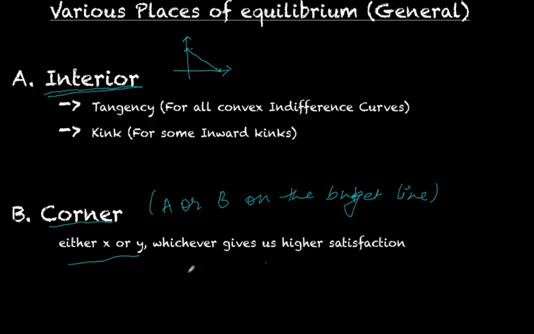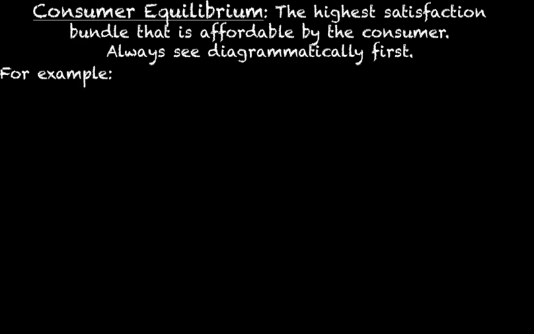And a consumer always consumes the point whichever gives him a higher satisfaction, right? So let's try and do some of the questions to understand better. Consumer equilibrium is the highest satisfaction bundle that is affordable to the consumer.